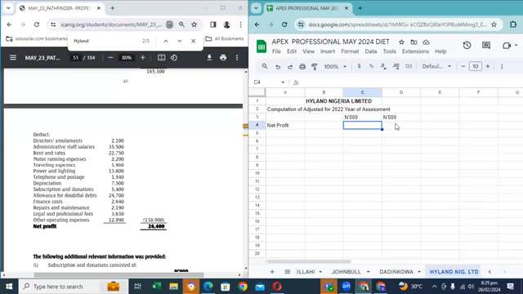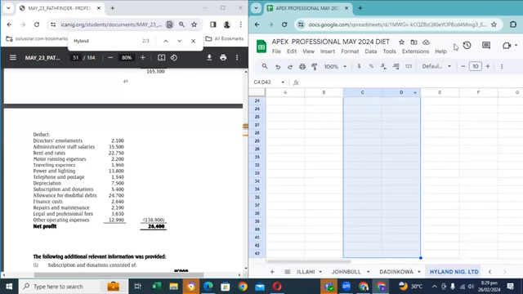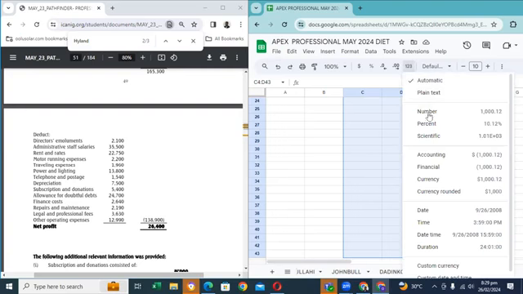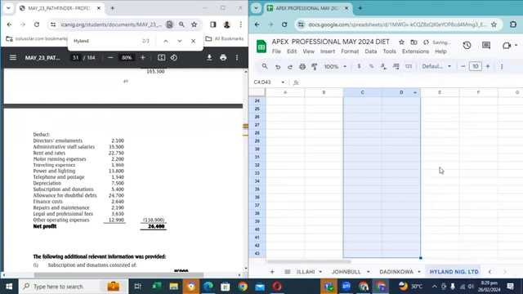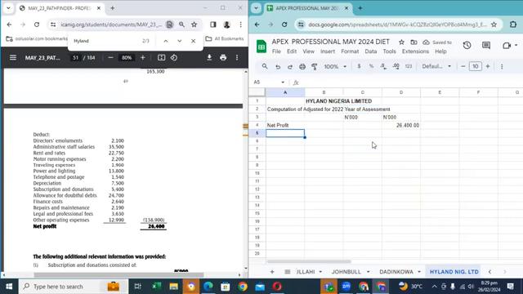Then add its allowable expenses. Add allowable expenses.